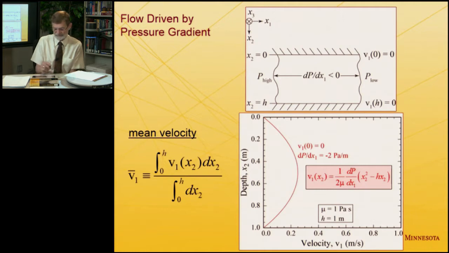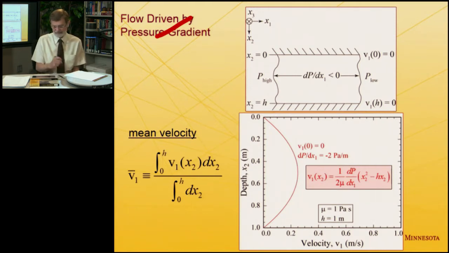And we'll do it for a simple geometry, the one that we looked at early on. I'm going to do it for the case where we have a pressure gradient, where we worked out the relationship between the velocity and the vertical height. And we'll calculate that mean velocity. We could do it for other geometries, but this one will serve as an example, and you'll be well equipped at that point to do others on your own. Okay, so here we go.